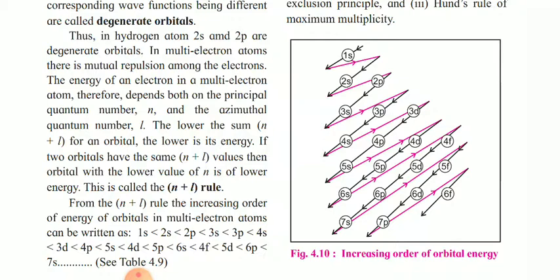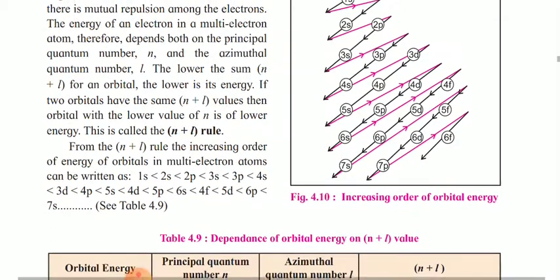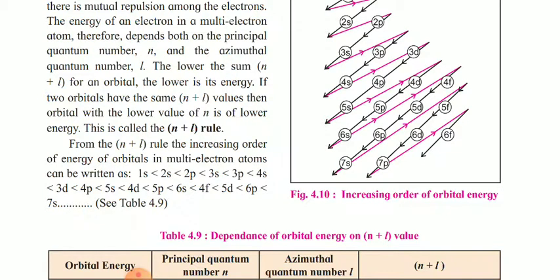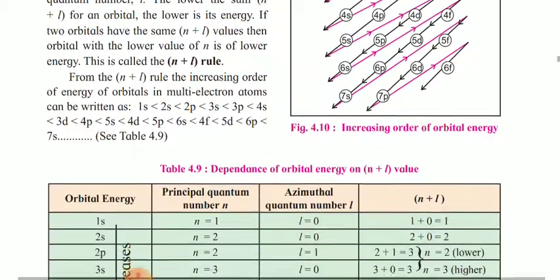First we should fill the electron in the lowest energy level, that is 1s. Then we fill the next subshell, that is 2s. After filling it, we go for the higher energy, that is 2p, 3s, 3p, 4s, like this. The energy sequence is shown in your textbook with the diagram as well as the sequence.